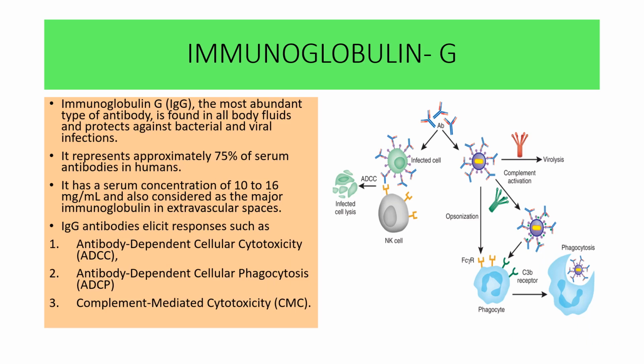IgG is the most abundant type of antibody found in all body fluids and protects against bacterial and viral infections. It represents approximately 75% of the serum antibodies in humans. It has a serum concentration of 10 to 16 mg per ml and is also considered the major immunoglobulin in extravascular spaces.